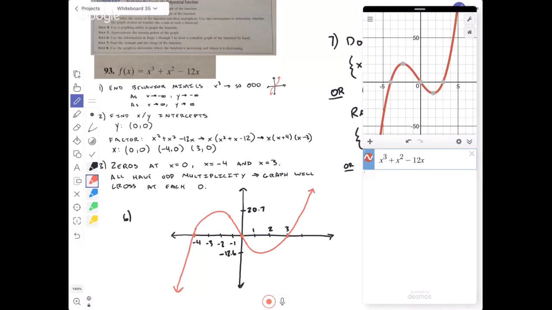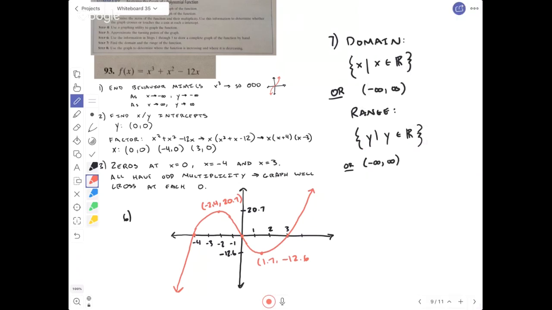What did we say this point was? 1.7, negative 12.6. And that point up there, negative 2.4, 20.7. Great.